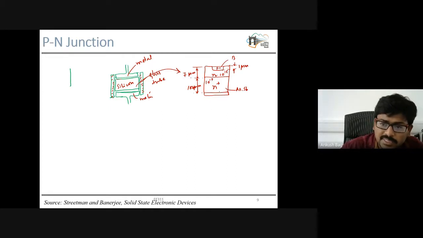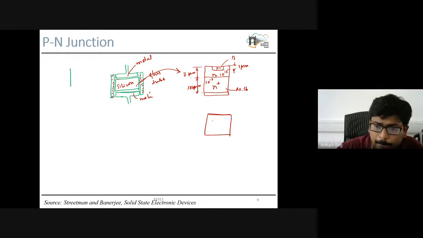Now if we see this semiconductor portion or the silicon portion from the top, you will see something like this. You can easily guess, I guess. So this is the side view, and from the top you will see that we have rounded corners.